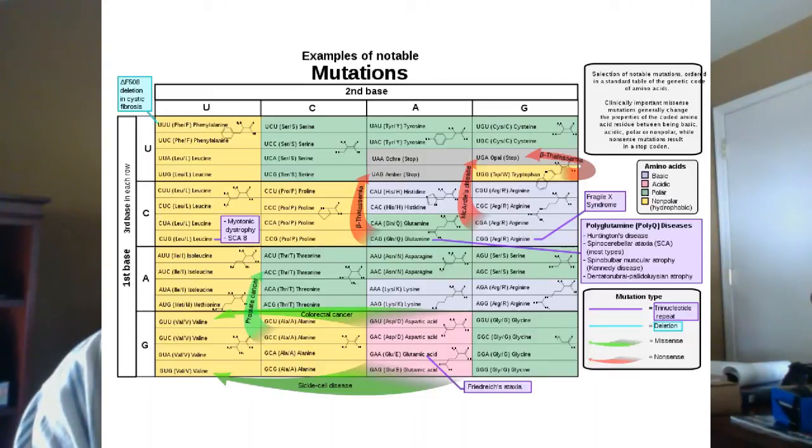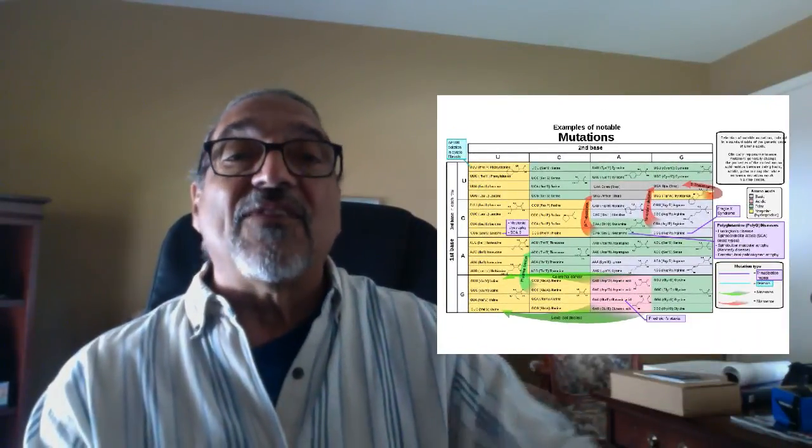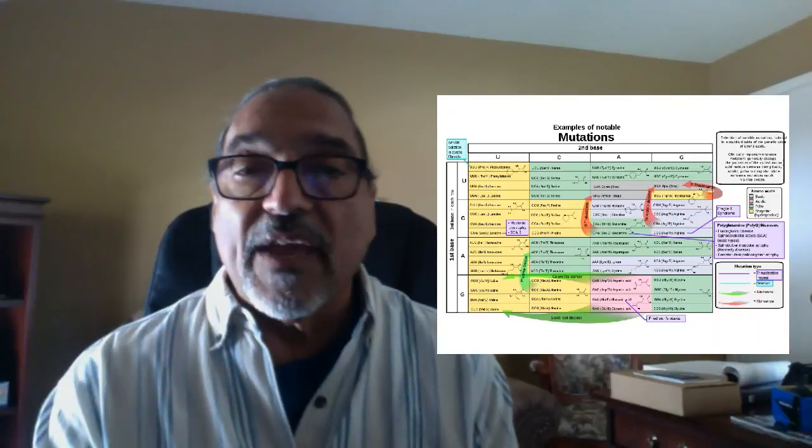There are a variety of these up here as well. You can poke your way through it and see some of these individual mutants that result in diseases. So these are simple mutations.